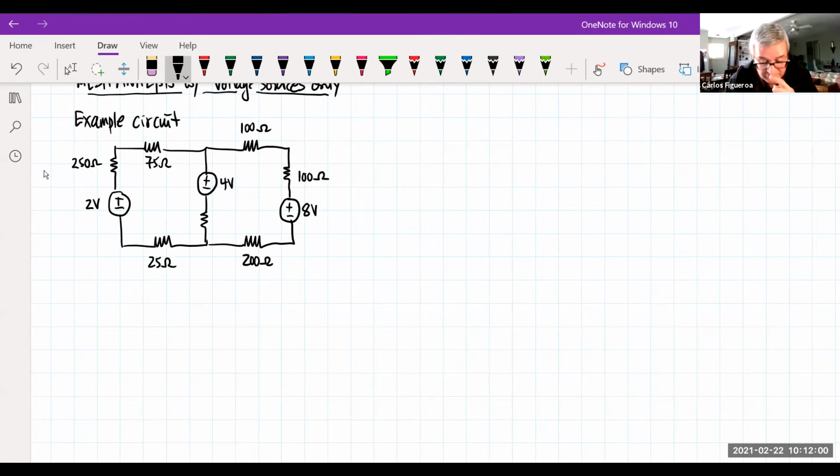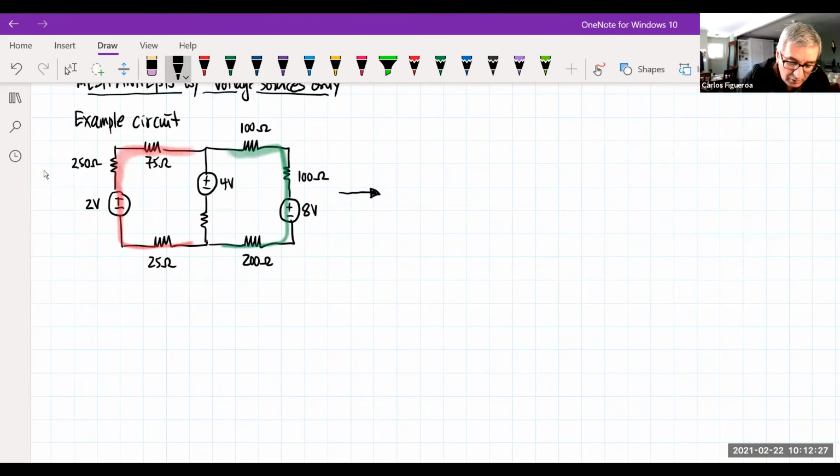The first thing you should note is that if you have a circuit like this, things that are in series, you should reduce. Because this branch is all in series, and because this branch is all in series, reduce it. In other words, we want to do some type of reduction here.